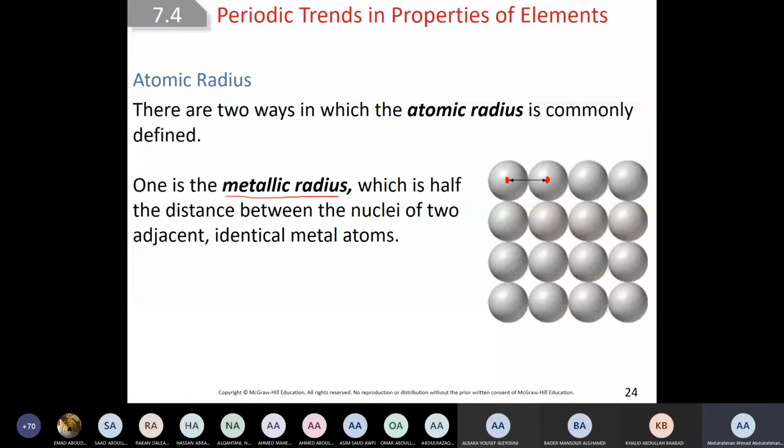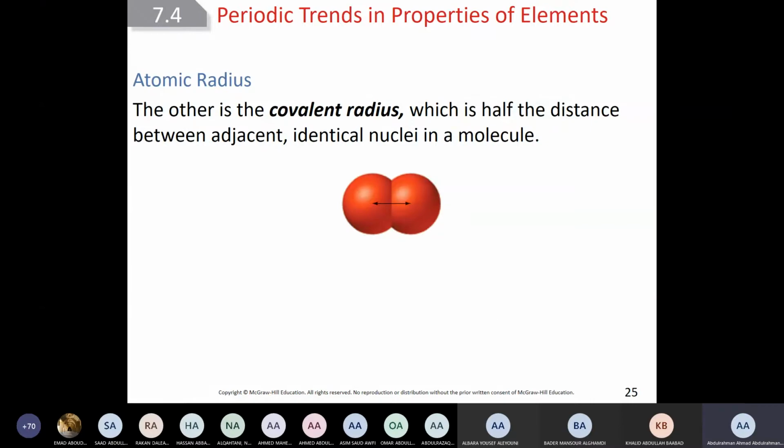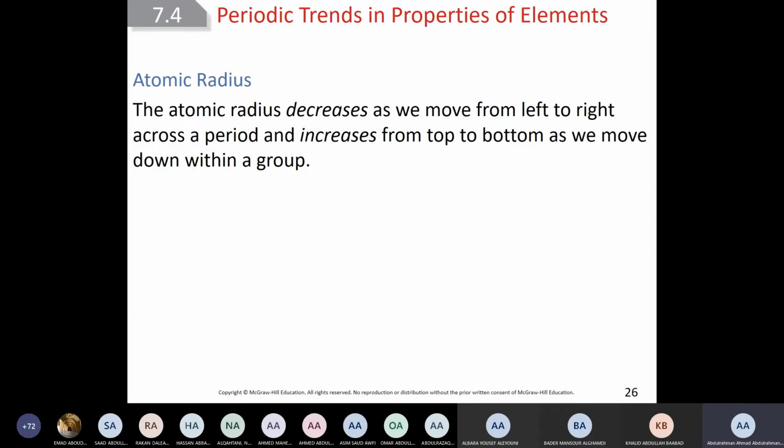If this distance is A, then the atomic radius is A divided by 2. If it's a covalent compound like this one, only 2 atoms, same thing. If we have, for example, oxygen and oxygen, and this is A again, then what's the radius of the oxygen atom? Again, A over 2. I hope this is clear.